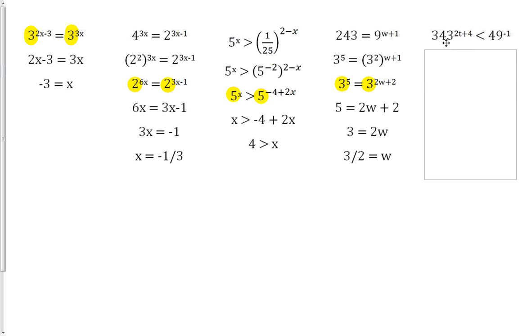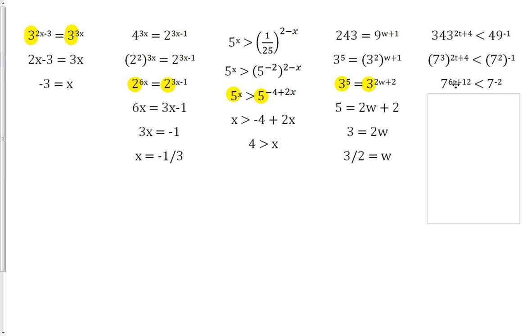Finally, this last one, 343 to some power is less than 49 to a different power. 343 is 7 to the 3rd, and 49 is 7 to the 2nd. So let's rewrite that. Now we multiply out our exponents, and we're going to get 7 to the 6t plus 12 on the left side, 7 to the negative 2, 2 times negative 1 there.